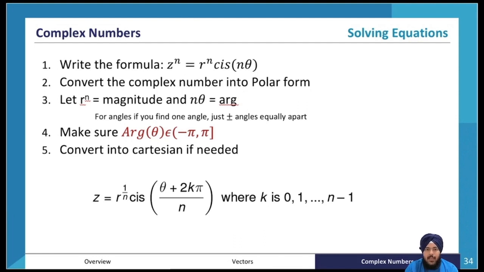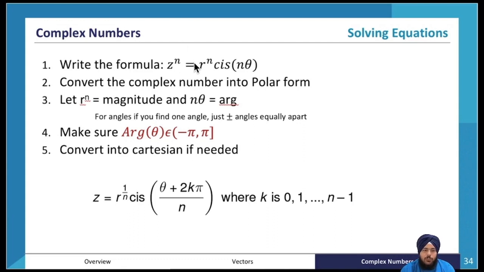Convert the complex number into polar form if it isn't already. Then we let r to the n equal the magnitude and n theta equal the argument, and make sure the argument is in the correct domain.